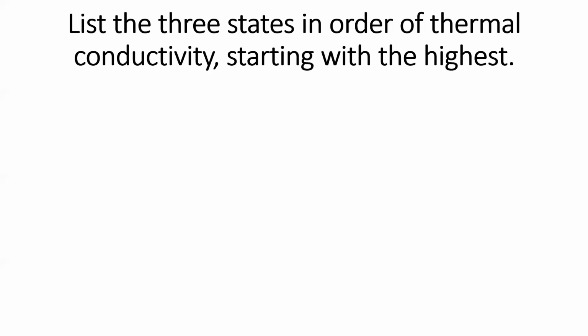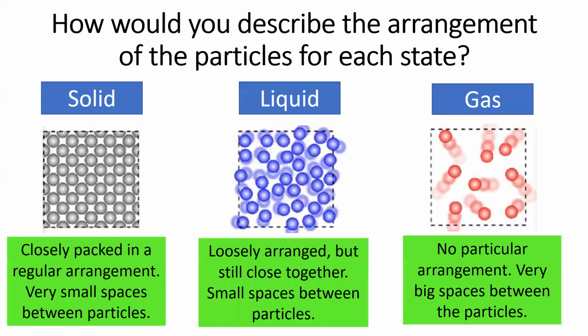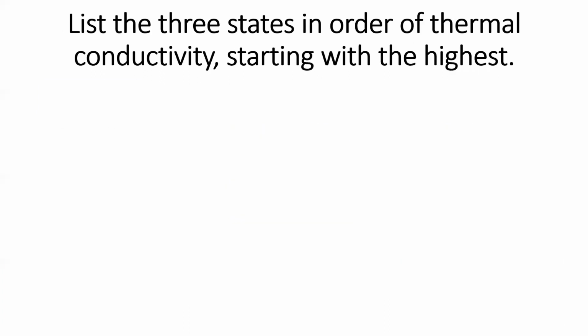Now, in order to list the states in order of thermal conductivity, you need to have an understanding of how the arrangement of the particles in each state facilitate how the particles will collide to pass on that energy. Think about how those particles are arranged. And then what I would like you to do is try and explain your answer.